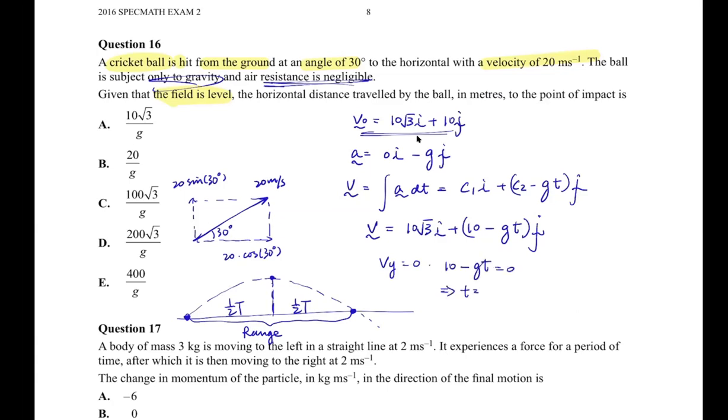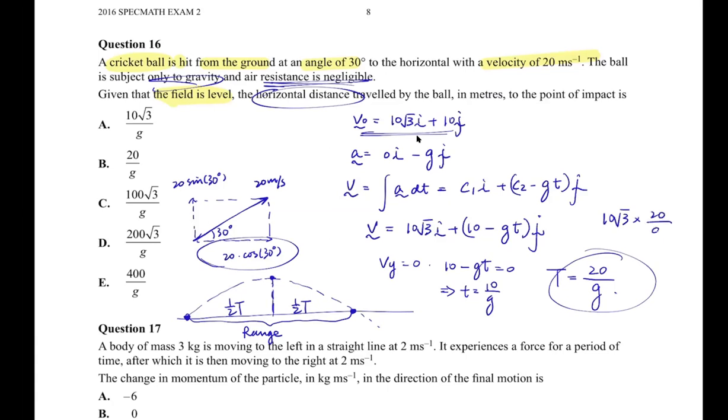We have t equals 10 over g. So the whole t will be twice that amount, 20 over g. Now, I want to find the horizontal distance traveled by the ball. I just multiply this time with the horizontal speed here. So it will be 10 root 3 multiplied with 20 over g, which is 200 root 3 over g meters. Therefore, we choose D, okay?